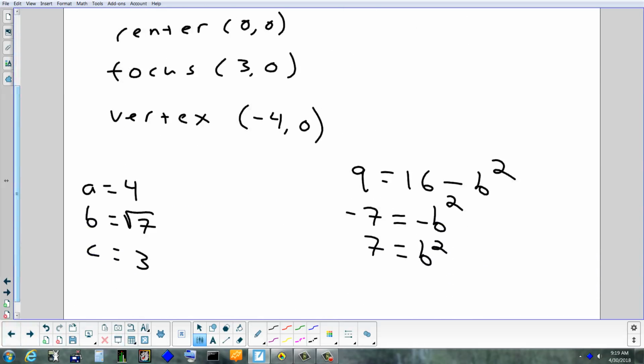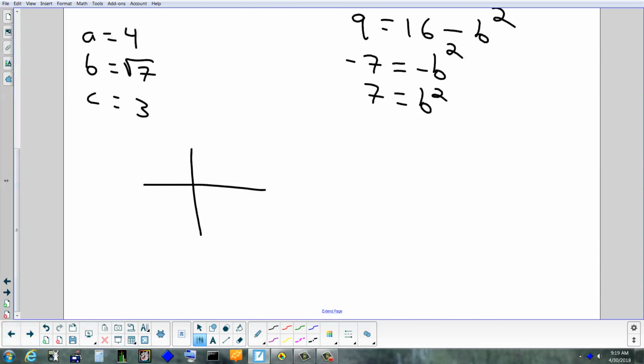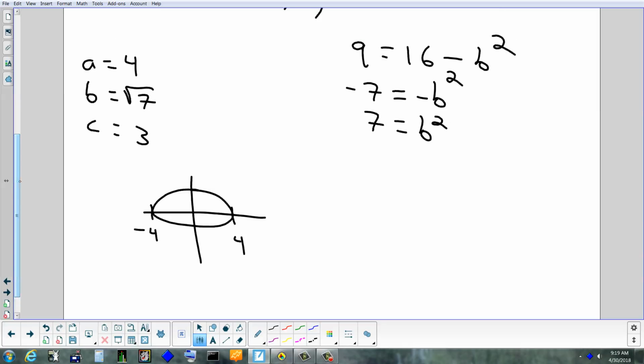So if I was graphing this, just a really quick sketch, not to scale, I would be going left and right 4 units. Negative 4, positive 4. That's the distance from the center to the vertices. I would be going up and down square root of 7 units. So it's not symmetric, but that would be square root of 7, and that would be square root of 7.